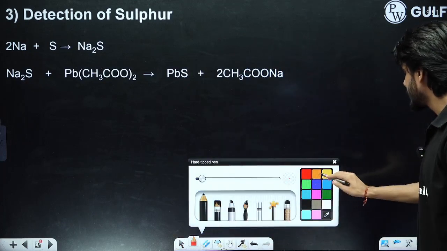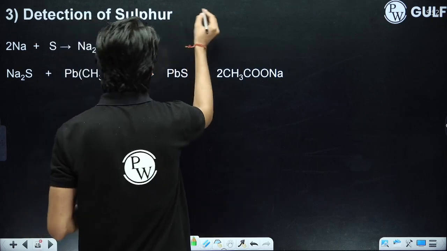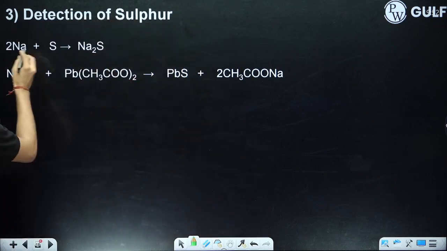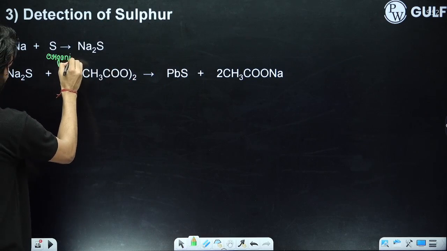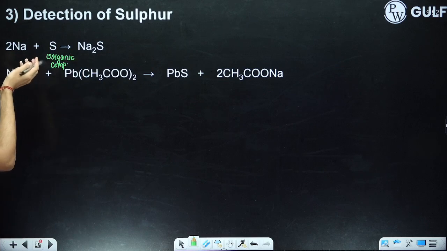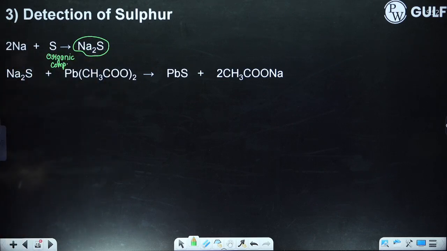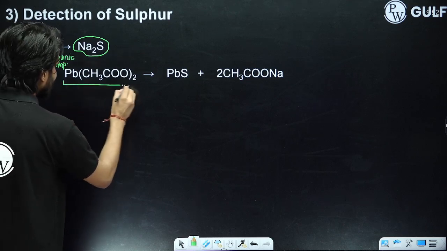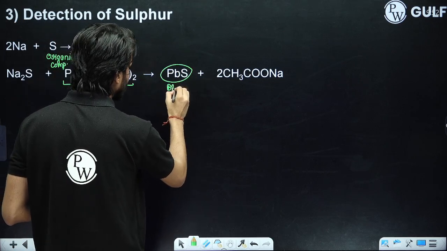Detection of sulfur. Again, for the detection of sulfur, we require the Lassaigne extract. From the organic compound containing sulfur, we'll add sodium into it, so that we'll have the sodium extract, or the Lassaigne extract, Na2S. Now, if I treat this Na2S with lead acetate, I'll have a black color precipitate.